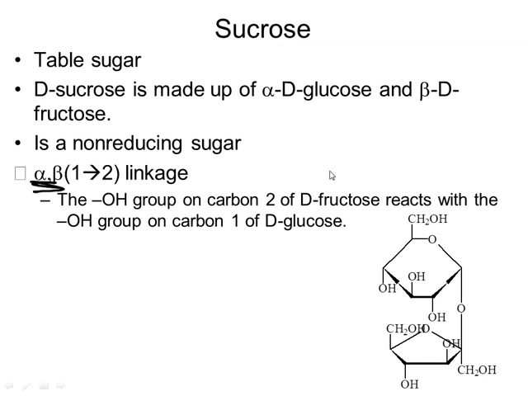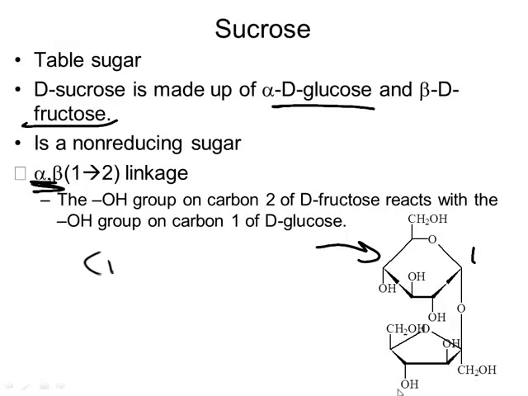alpha, beta, 1,2. So we list the one on top first. This is 1,2, right? Why is this carbon 2 down here? Well, it's because it's a ketose. Sucrose is a D-glucose unit up here, and then D-fructose, which is a ketose.